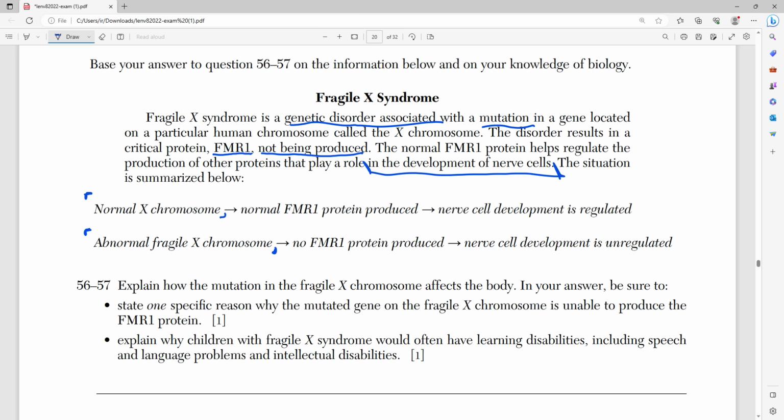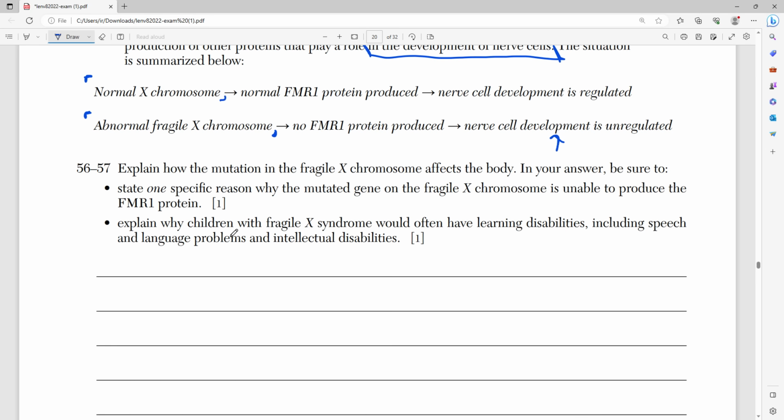Because it has this mutation, no FMR1 protein is produced, and nerve cell development is unregulated, meaning that it doesn't go as planned, as it should be. Whenever you have an unregulated system, that's usually harmful, right? So this is the mutation, and these are the consequences or the result of the mutation.